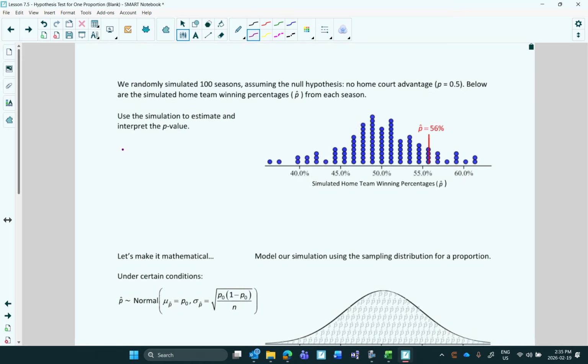Okay, so the p-value equals the probability of a win percent of 56% or more.